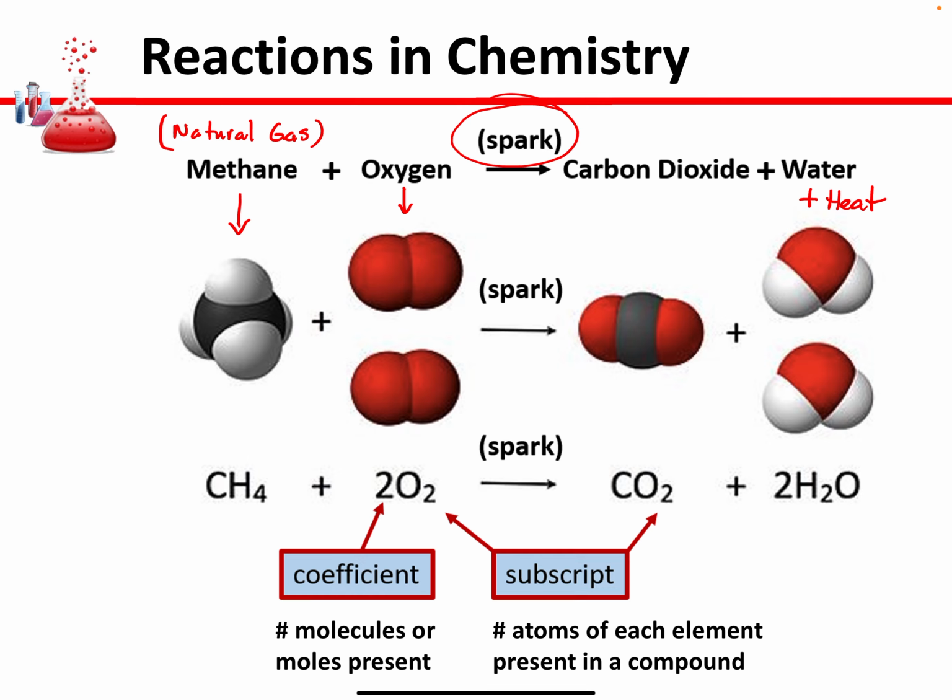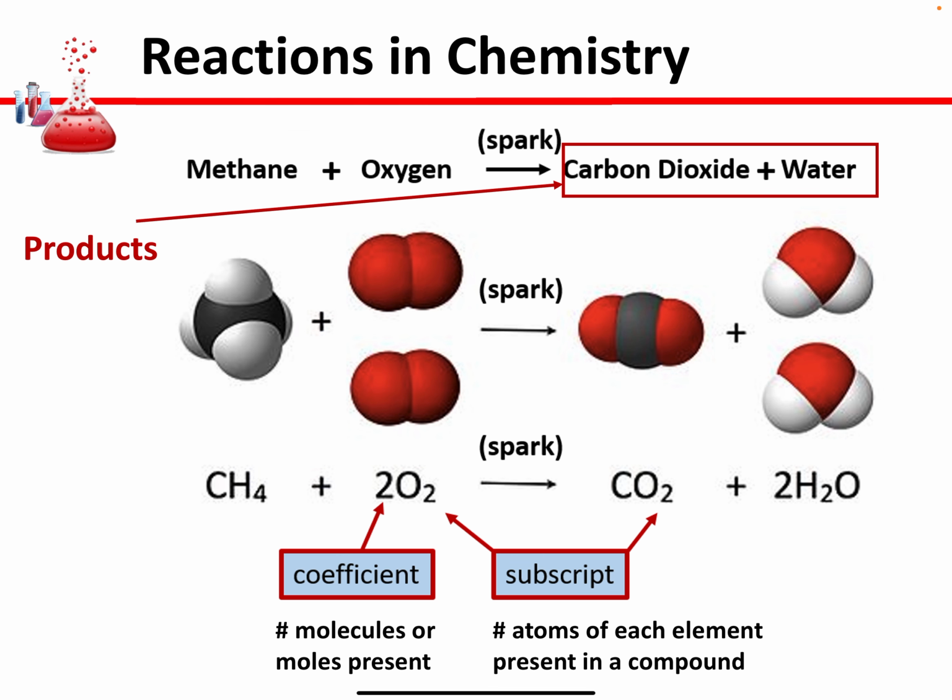Just a note with your elements on the periodic table: your periodic table has the abbreviations written in each box, so you can look and say, oh, Be is beryllium. You'll notice that the first letter is capitalized. That is always true.